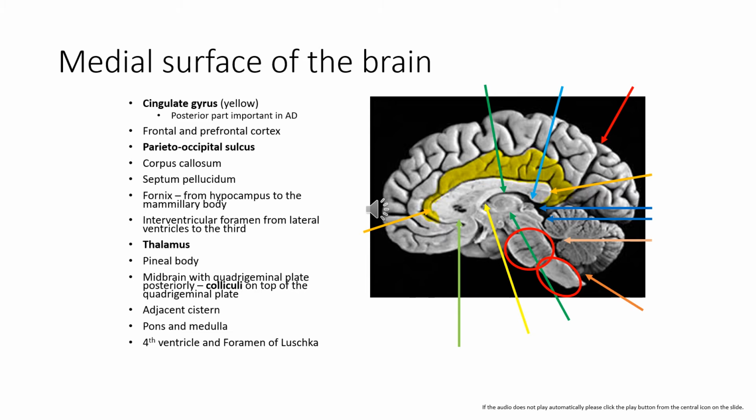And the fourth ventricle connects with the CSF around the spine and the brainstem through the foramen of Luschka, indicated by the dark blue arrow.